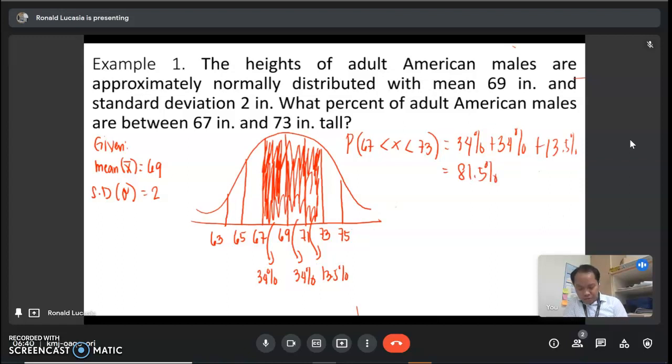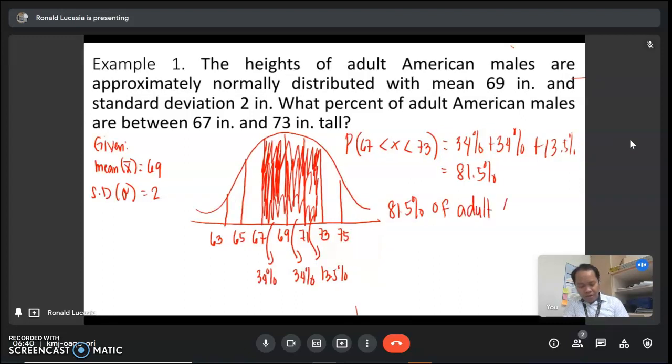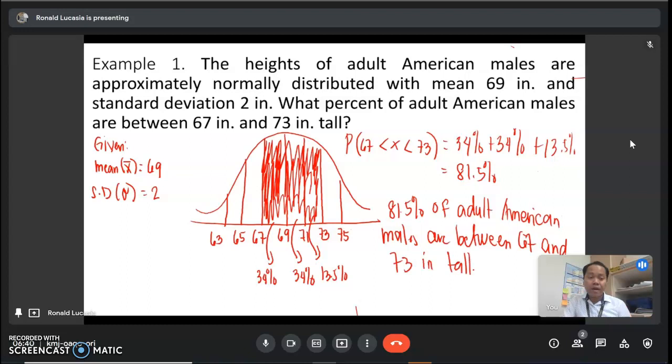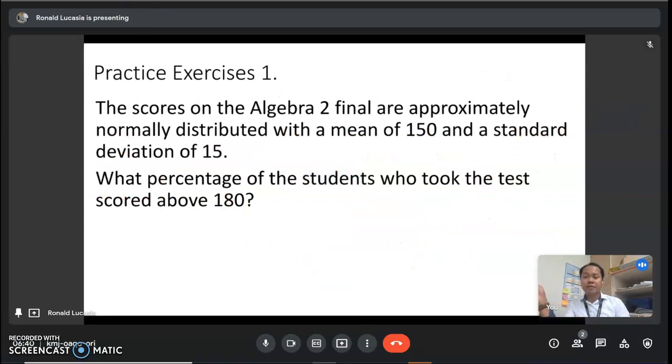So, as a conclusion, 81.5% of adult American males are between 67 and 73 inches tall. Do not forget the final answer. Okay, so you try practice exercise number 1.